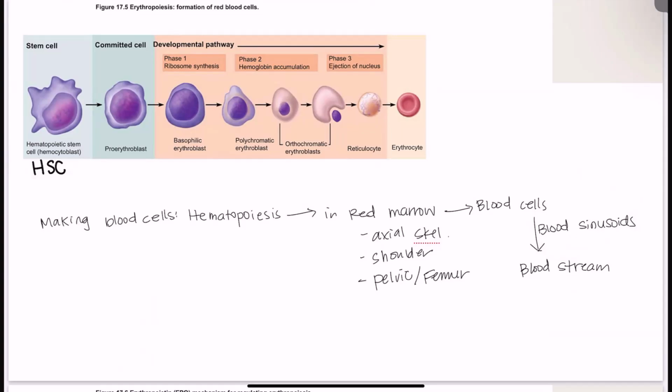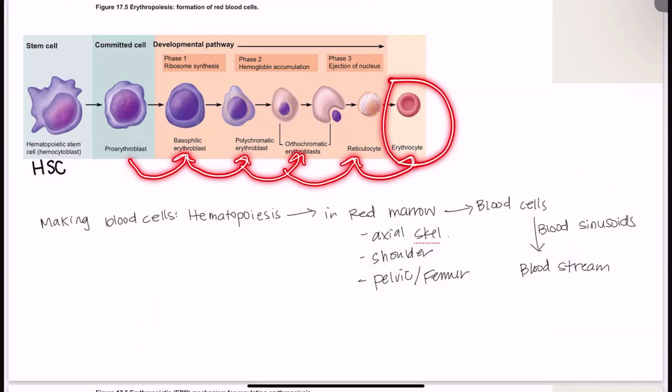So what happens is our HSC will divide into this guy called a proerythroblast. We call that proerythroblast a committed cell, which means that it's not a stem cell anymore. It has a determined fate. It says, I will become an erythrocyte eventually. So that proerythroblast will undergo a series of divisions until eventually we have an erythrocyte, a red blood cell.